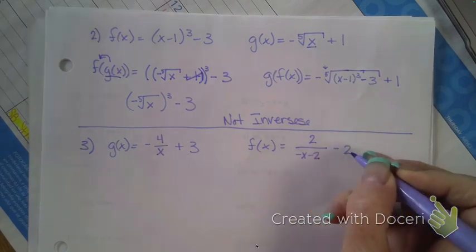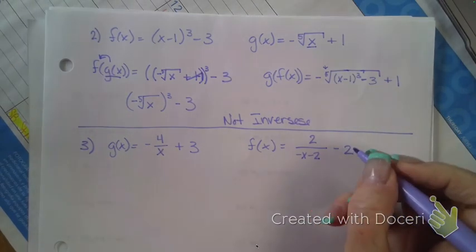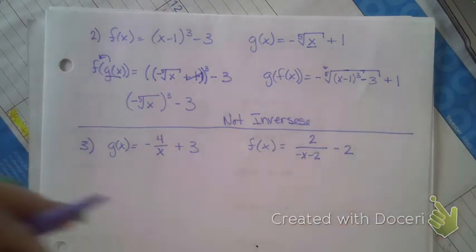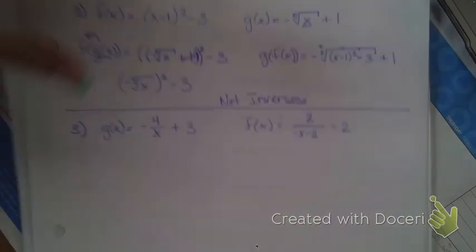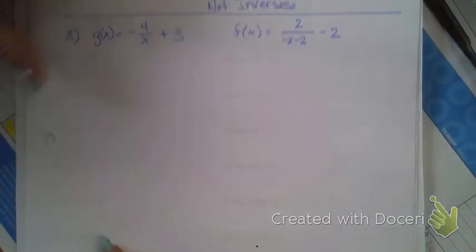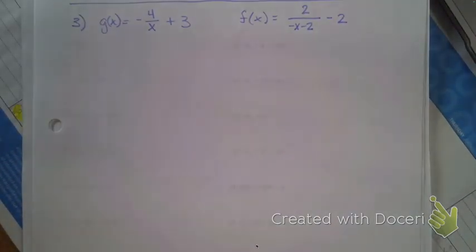You guys need to look at your paper too, because if I write it wrong, you're my check. We're on number 3 now. I want to keep moving. Write down number 3.